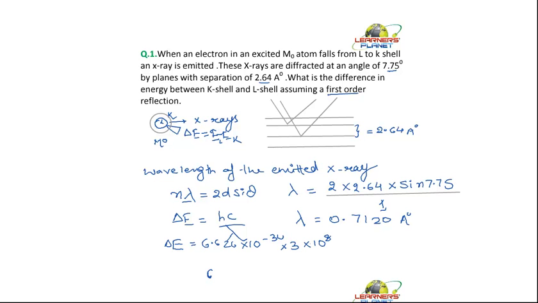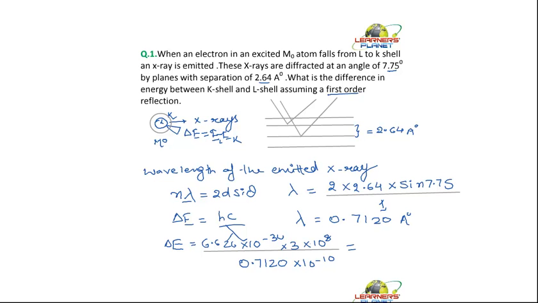Right? And that has to be divided by the wavelength, 0.7120 into 10 to the power minus 10 meters.